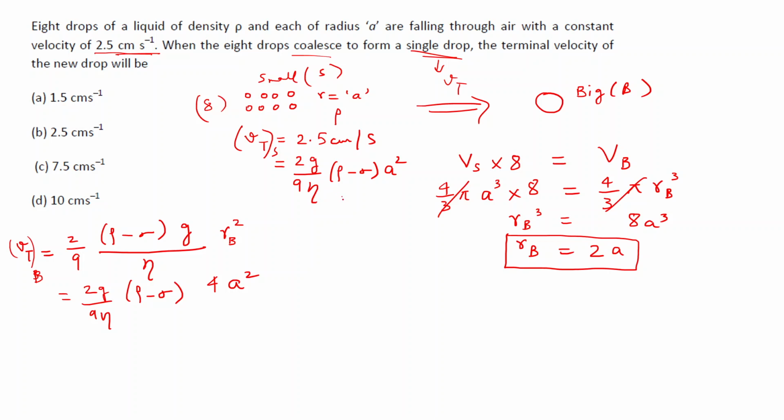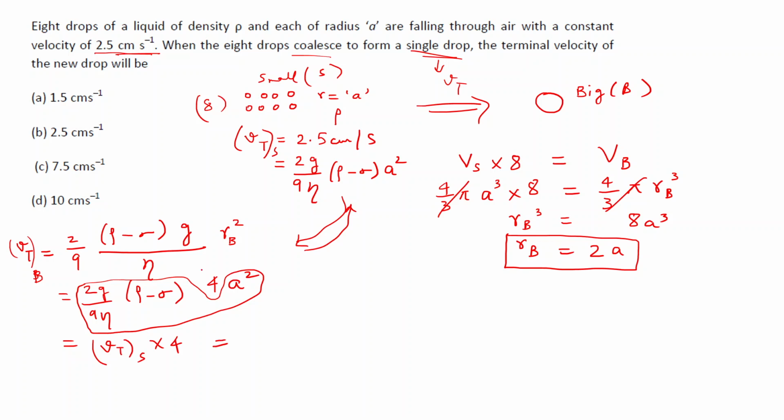So this will be the expression of the small drop terminal velocity. If you compare these two, you can see that this part is the same as the value of terminal velocity of the small drop. That means I can substitute here, this is terminal velocity of small drop times 4.